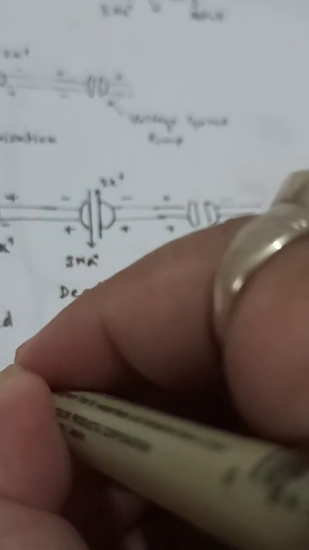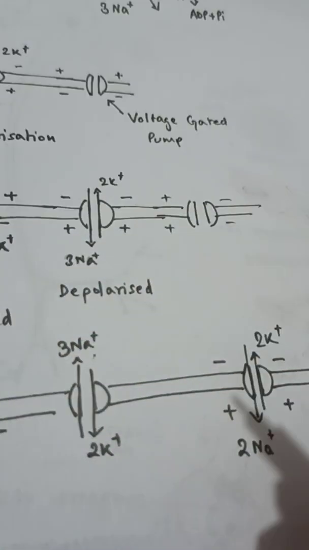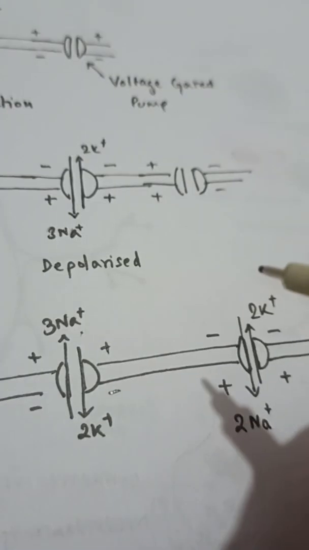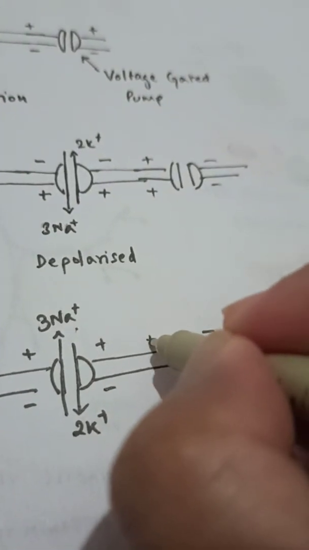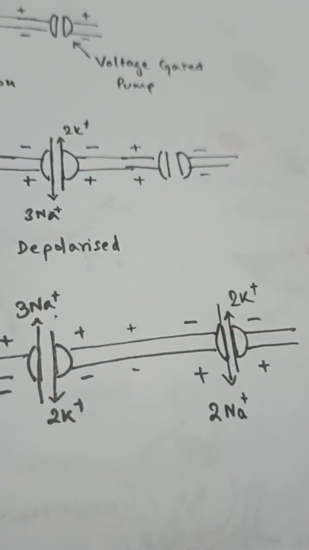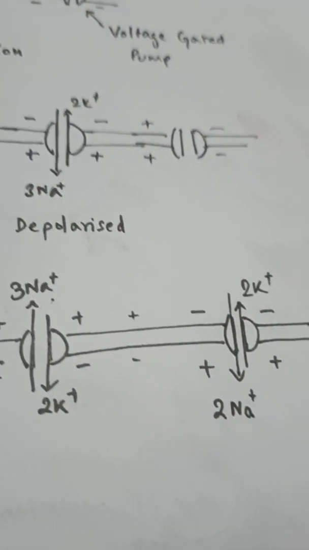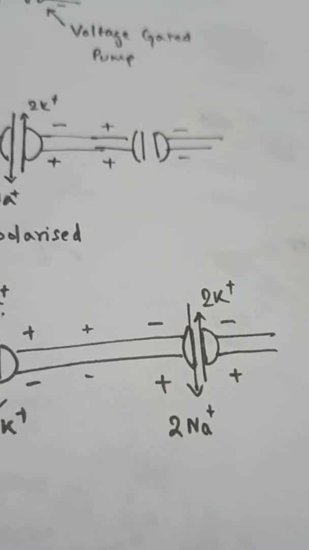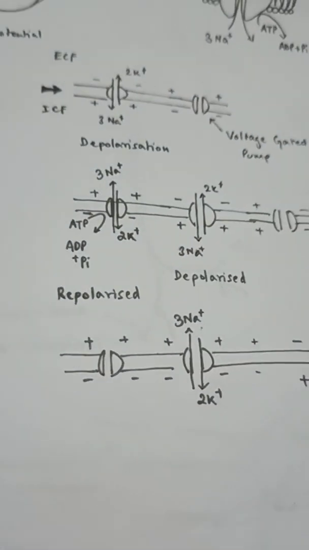So this area will again become positive on the outer side and negative on the inner side, but this area has got depolarized.